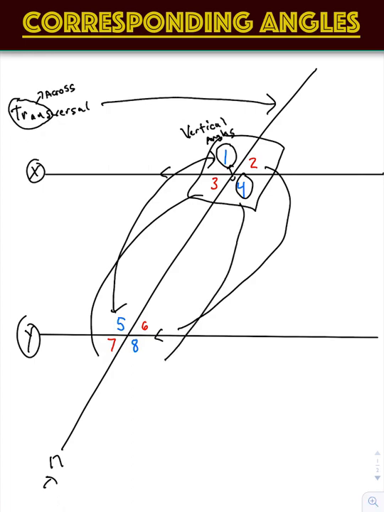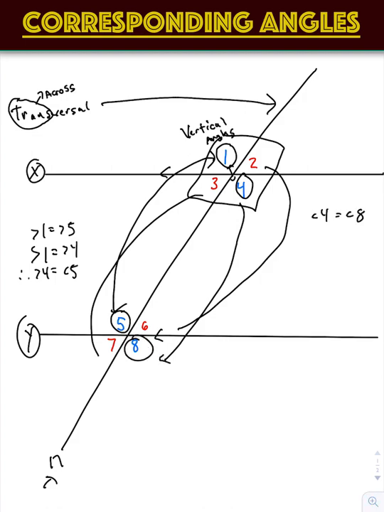So if angle 1 equals angle 5, and angle 1 also equaled angle 4, therefore angle 4 equals angle 5. Similarly, according to our truth about corresponding angles, angle 4 would equal angle 8 here.